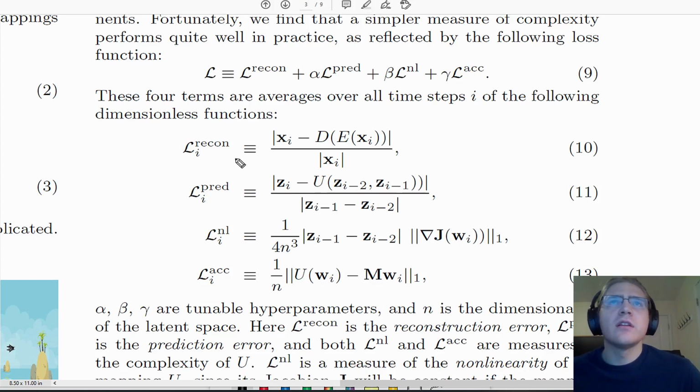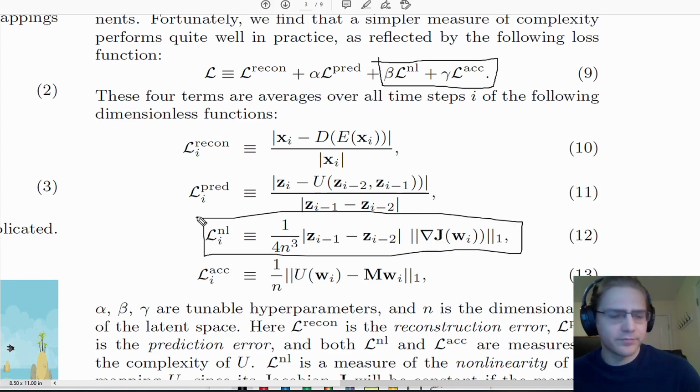Then they also have some terms for what they call Pareto optimality. This is penalizing complexity. They're calling this their nonlinearity loss function. What they're doing is taking the gradient of the Jacobian of the evolutionary operator.